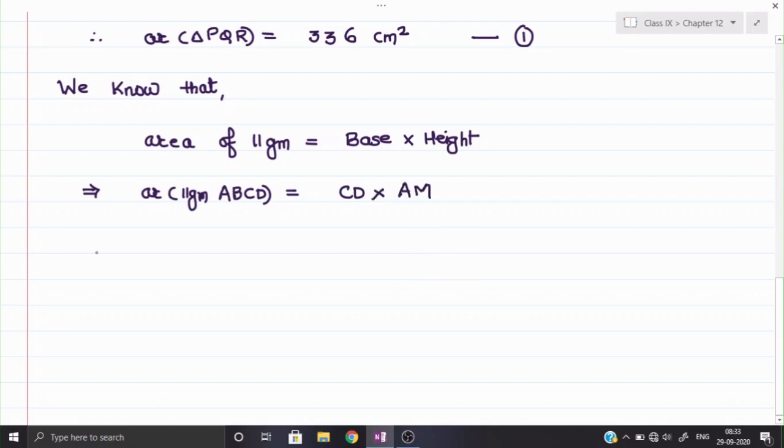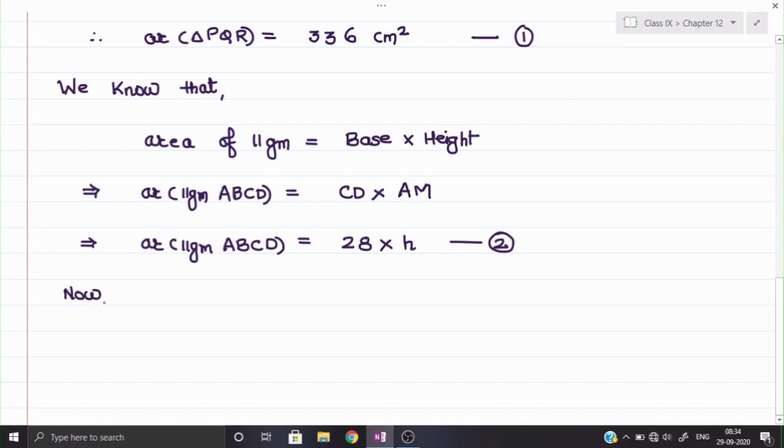Further, area of parallelogram ABCD is equal to CD, which is given as 28, and AM, that is height, we suppose as H. Equation number 2.